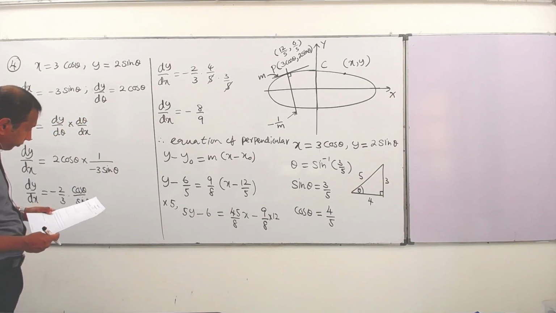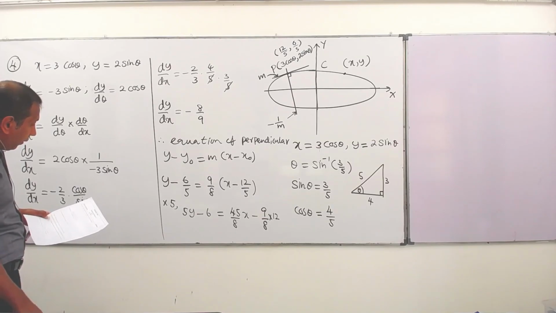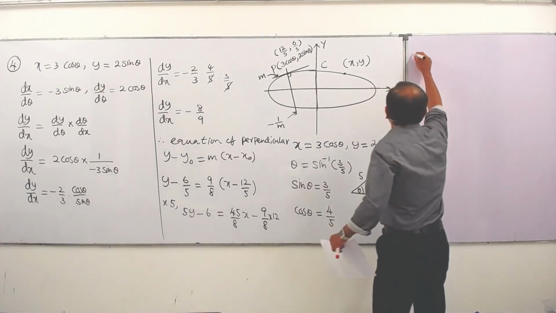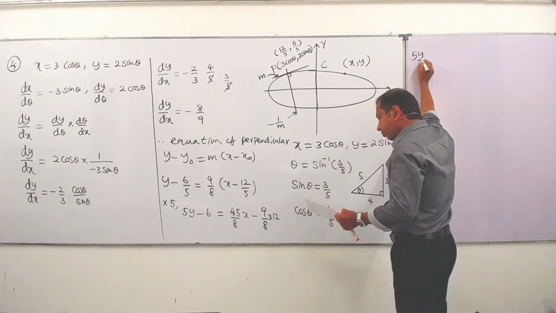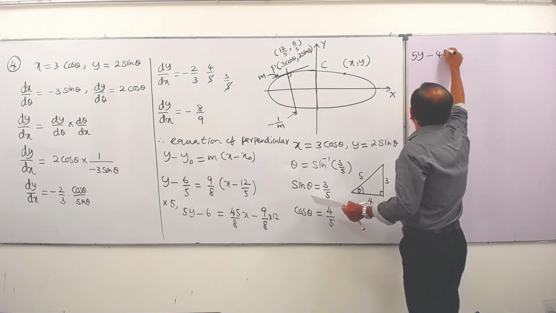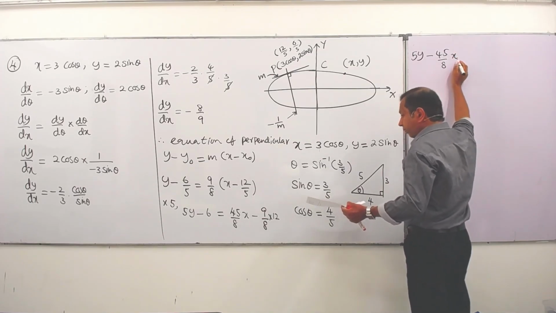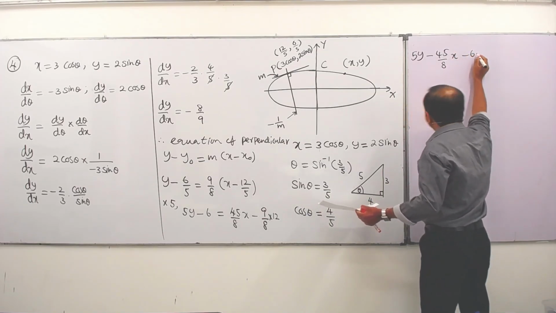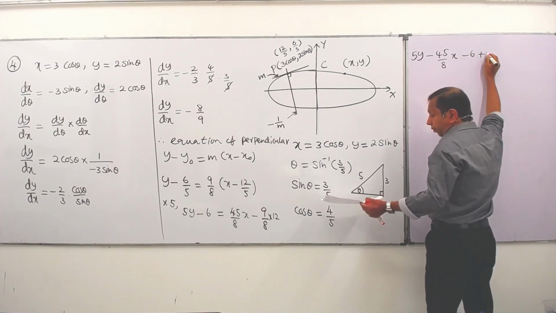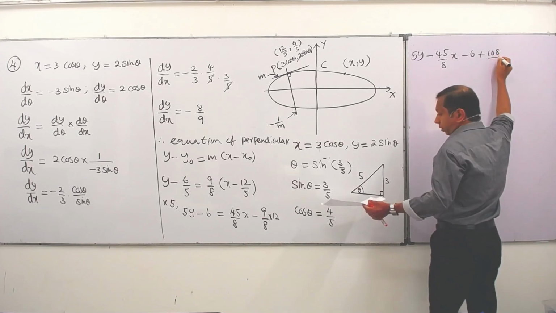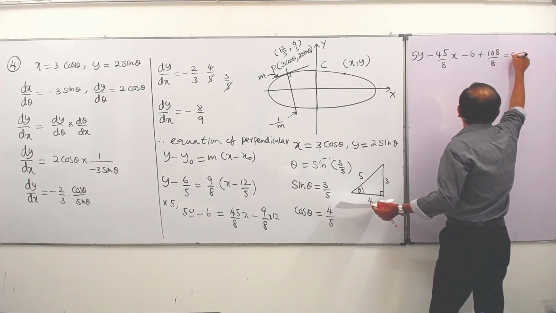Now we can further simplify this. Then we get 5y minus 45 over 8 x minus 6 plus 12 into 9, so 108 over 8, equals 0.